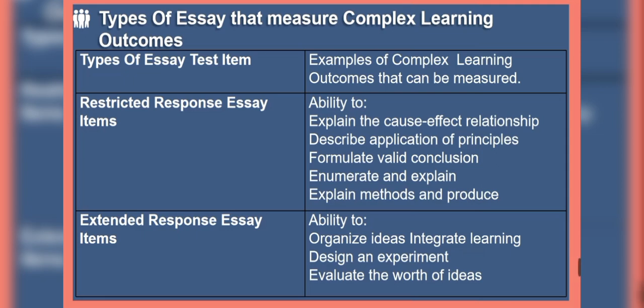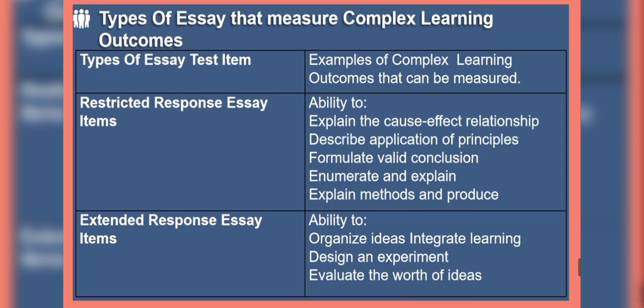The first type of essay, restricted response essay items, measures the ability to explain cause and effect relationships, describe applications of principles, formulate valid conclusions, enumerate and explain methods, and produce this kind of essay.